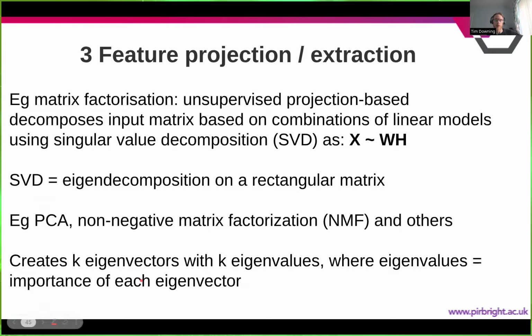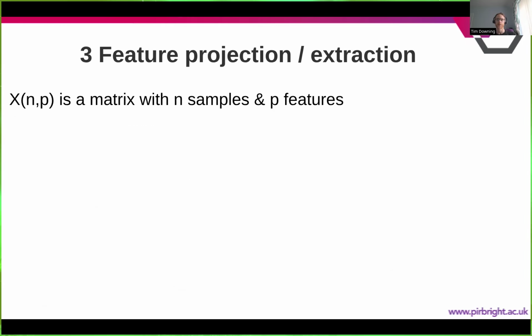And typically, we'll talk about having K, these abstracted outputs from our results, will be the K eigenvectors. So eigenvectors refer to the coordinates of our samples in each of the PCs, each of the principal components, the dimensions. And the eigenvalues refer to the importance of each eigenvector. So the bigger the eigenvalue, the more important it is. And eigenvalues reflect the fraction of variation that is explained.